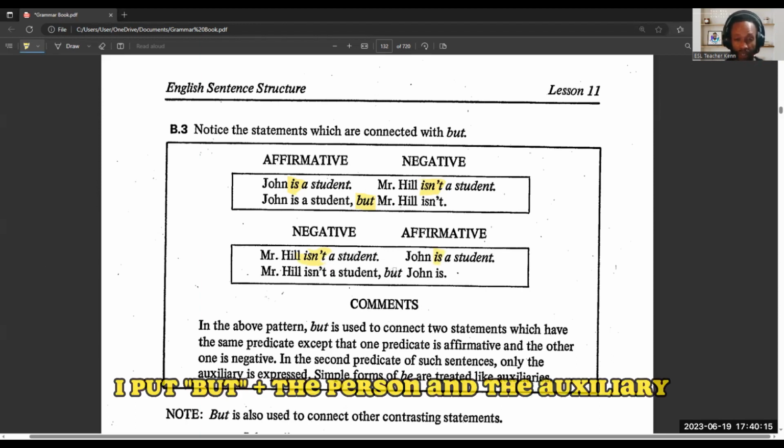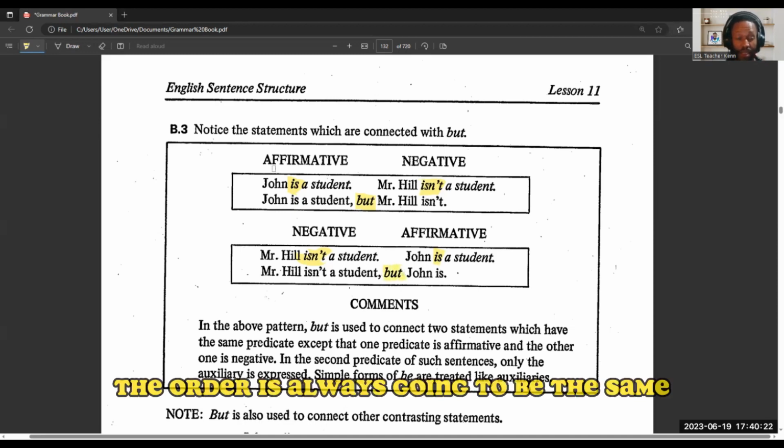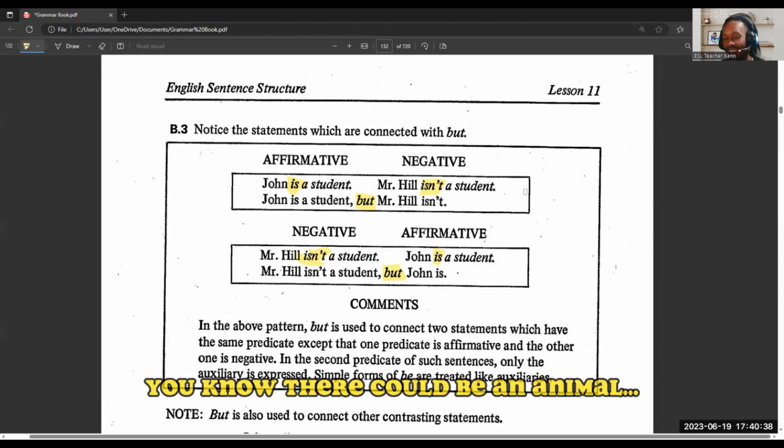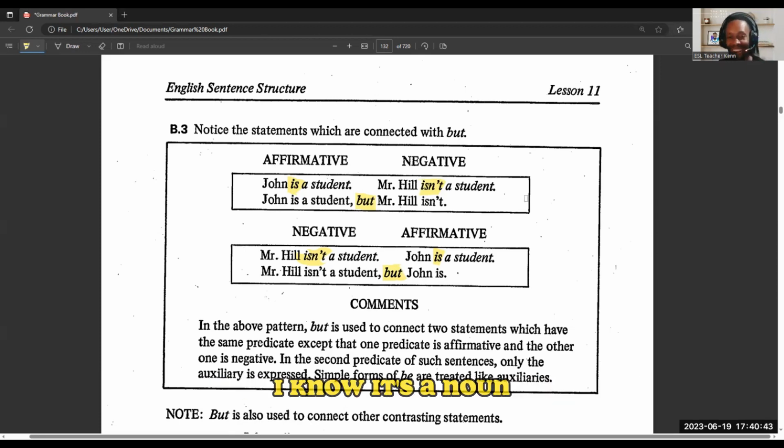I put but, the person, and the auxiliary. The order is always going to be the same when we're talking about the part that goes after the comma. It's always going to be but, the person, and the auxiliary, okay? Instead of a person, there could be an animal, there could be a place or something like that. I know, it's a noun.